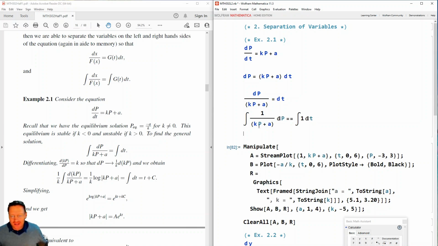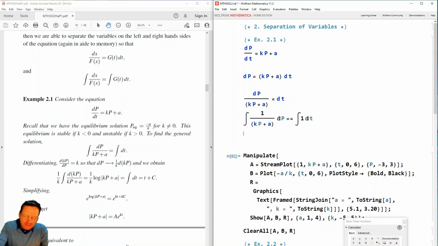So what we want here is not a p that we're integrating with respect to, but an integral with respect to kp plus a. So you might set out a substitution, let u equal kp plus a. Okay, so let's go ahead and do that. Let u be equal to kp plus a.